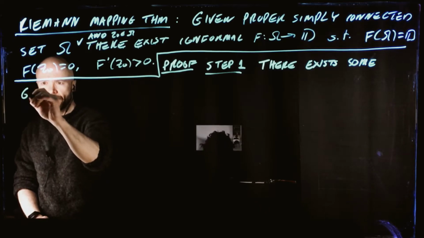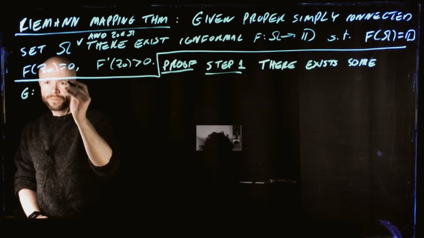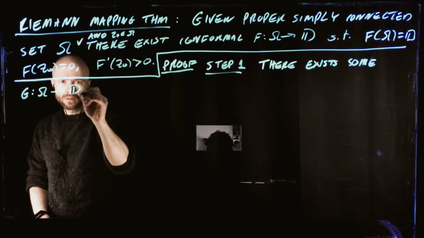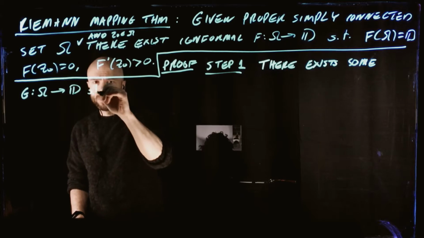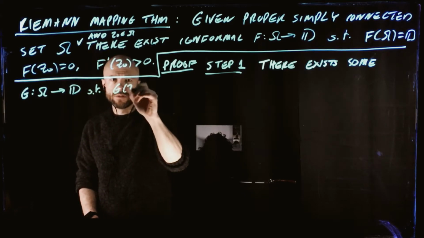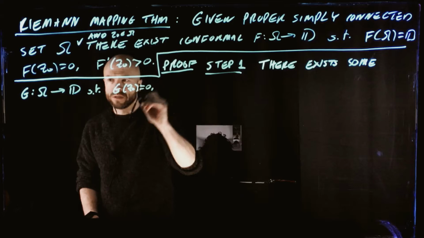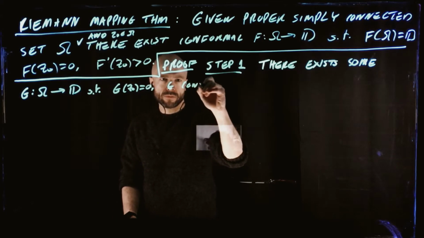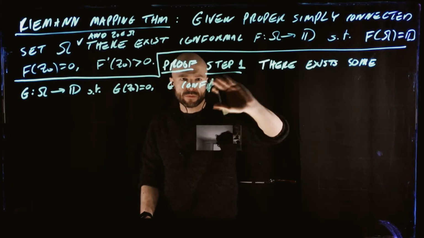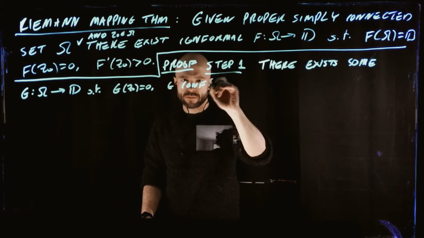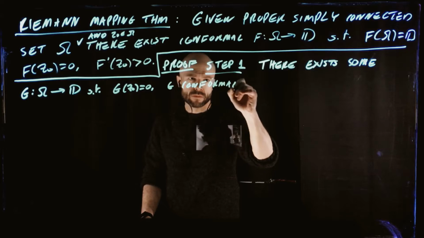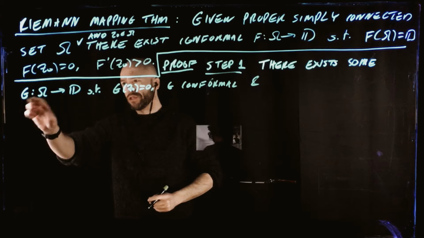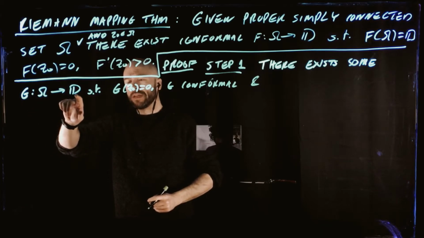So there exists some G from omega into the unit disk, such that G of z0 is 0, G is conformal, and this time we don't mean that G of omega is equal to the unit disk, it's just contained within the unit disk.